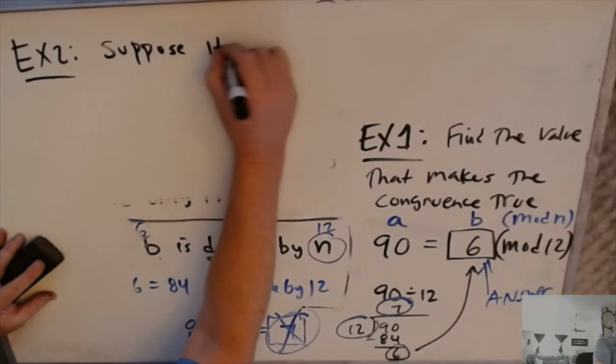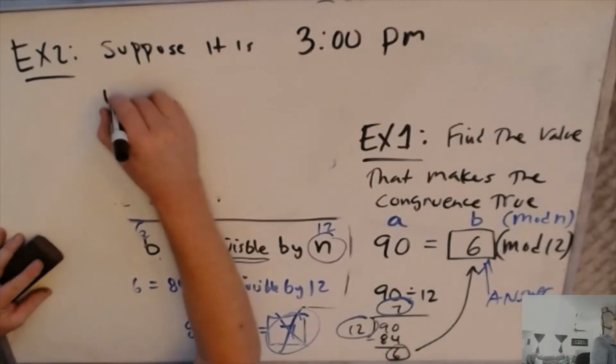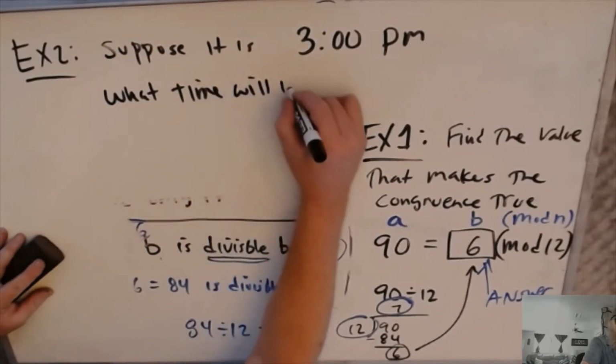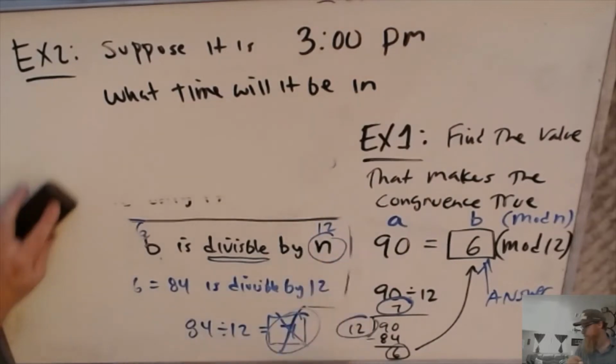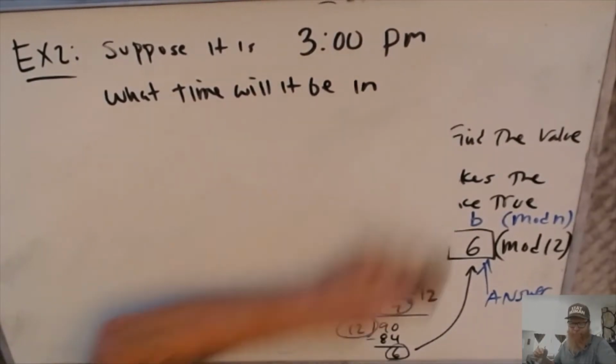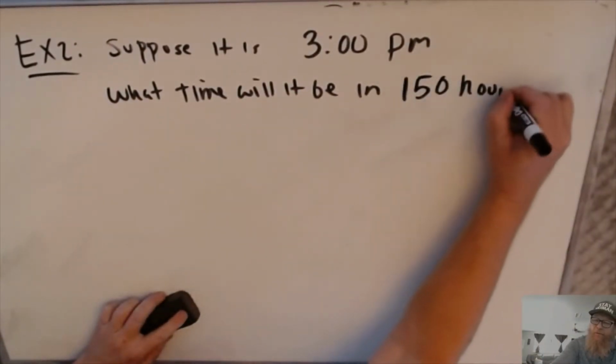Suppose it is 3 o'clock p.m. What time will it be in 150 hours?